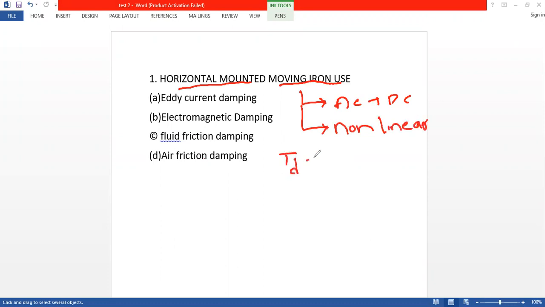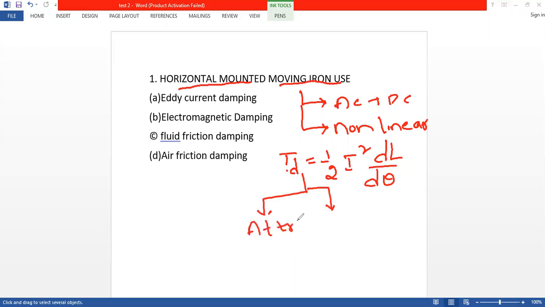Third, TD equals half I square dL by d theta, where it again has two types: attraction and repulsion. In labs, we mostly use repulsion type instruments.